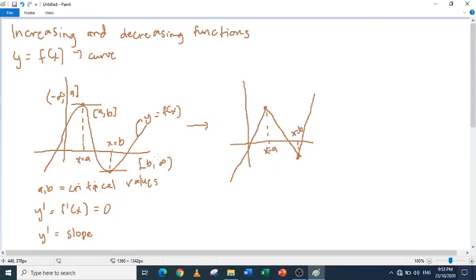Now, when can we say that at a given interval, the function is decreasing or increasing? Okay? So, looking at this graph at the right side, just take note of this. Kapag ganito yung line natin, okay, the slope is positive.